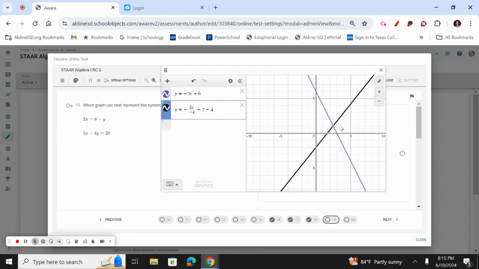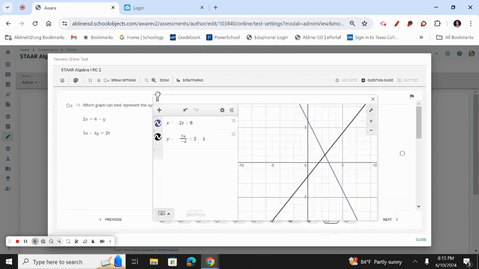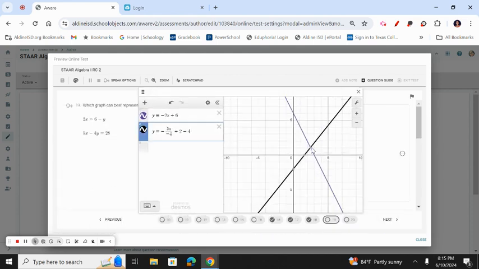Alright, so I'm looking to see where they intersect at. They're intersecting at the top. Alright, so they need to intersect up there. That was not it.